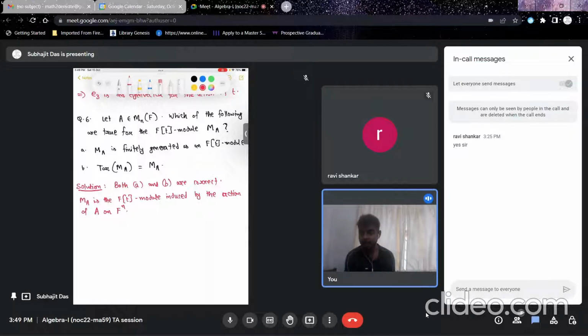What is this so-called F[t]-module M_A? Basically, A is a linear map from F^n to F^n, since it's an n by n matrix, and using this you can define an F[t]-module structure on this F^n, right?